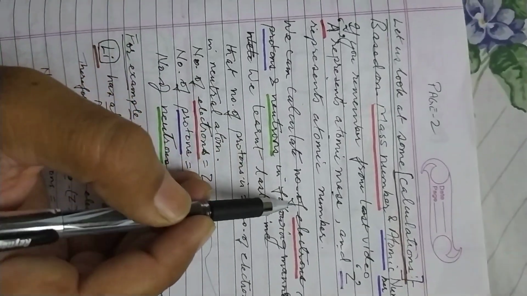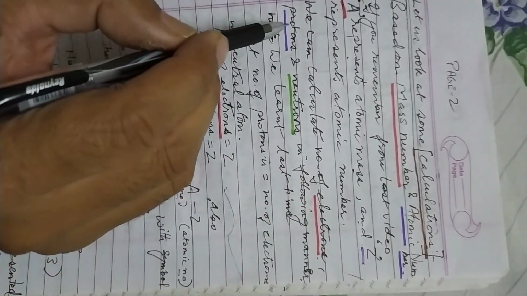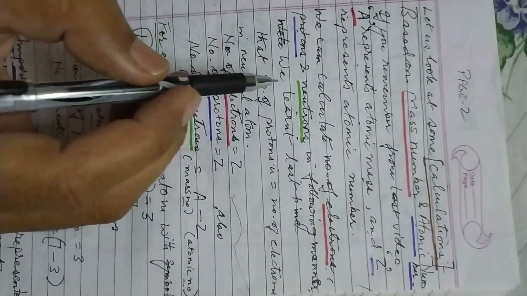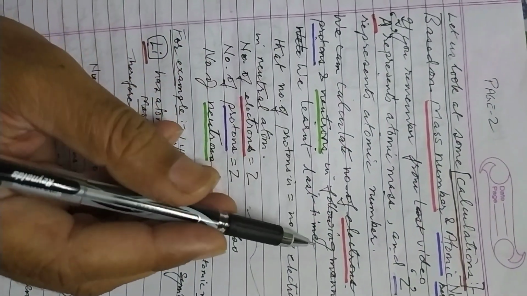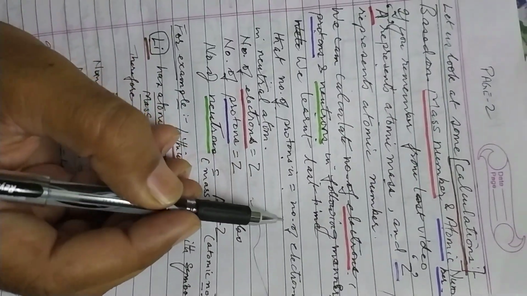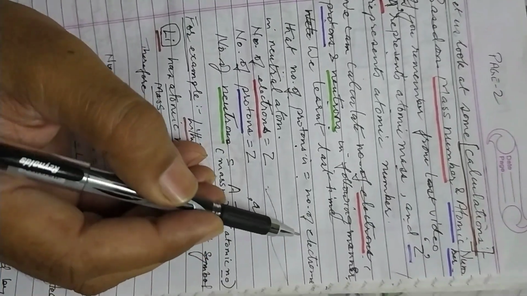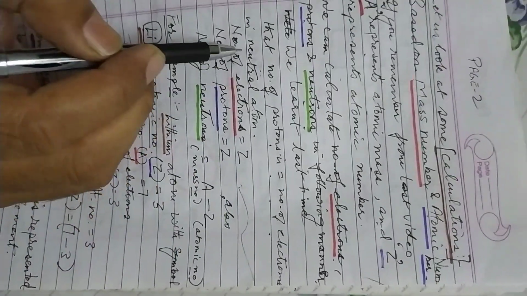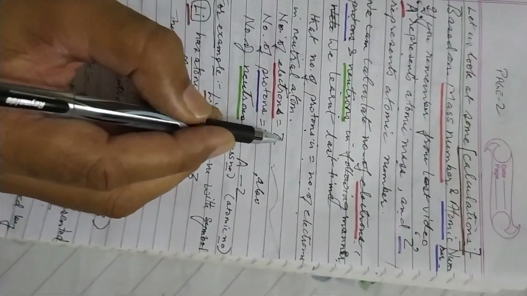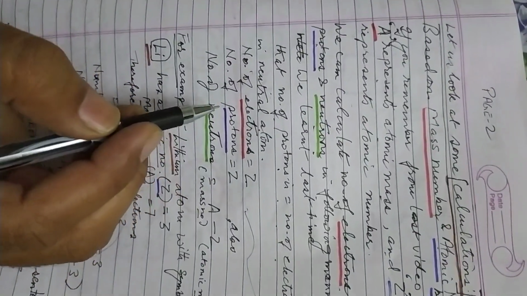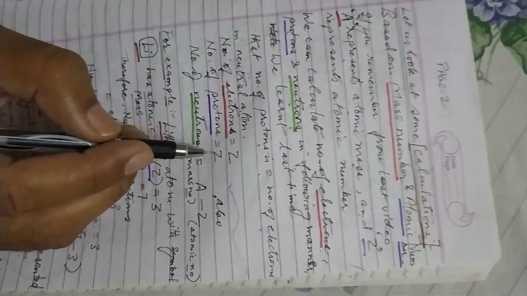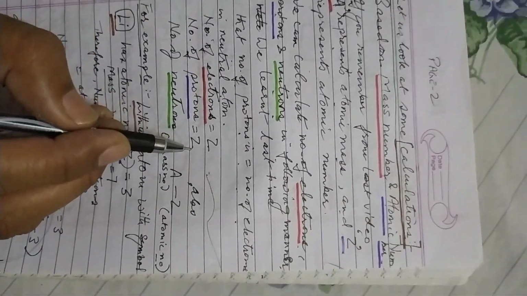We can calculate the number of electrons, protons and neutrons in the following manner. We learnt last time that the number of protons is always equal to the number of electrons in a neutral atom. Therefore, the number of electrons is represented by Z, and as they are equal to the number of protons, the number of protons, which is the atomic number, is also represented by Z.